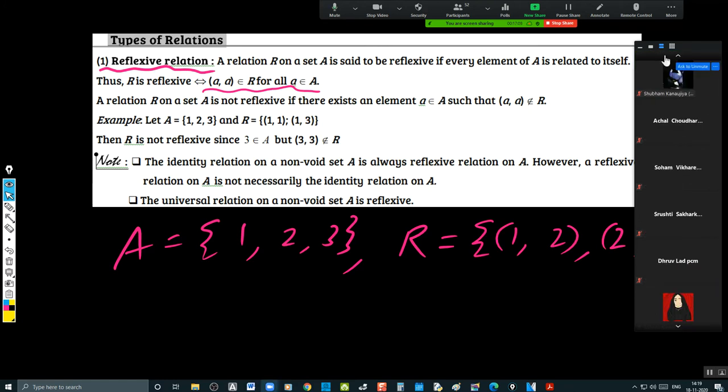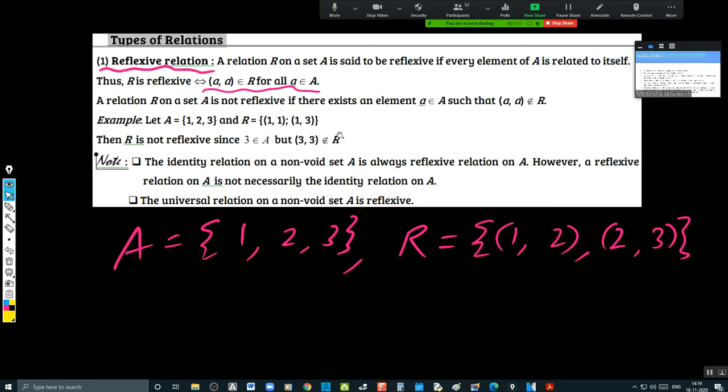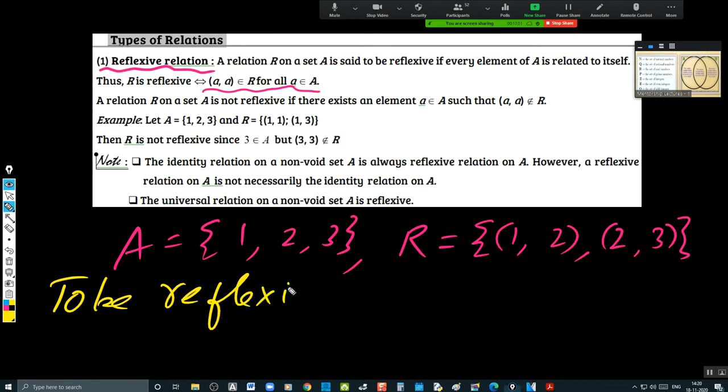Now, let me check whether this is a reflexive relation or not. First of all, the element 1 belongs to A, there is no doubt. To be reflexive, whenever this 1 is there, you must have 1, 1 in this relation.